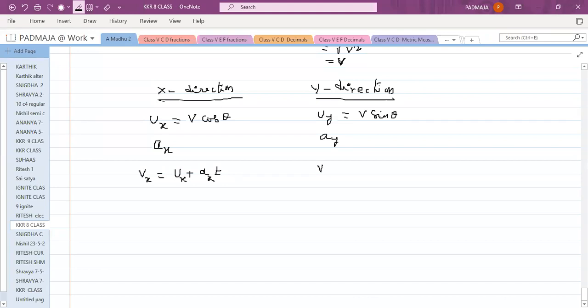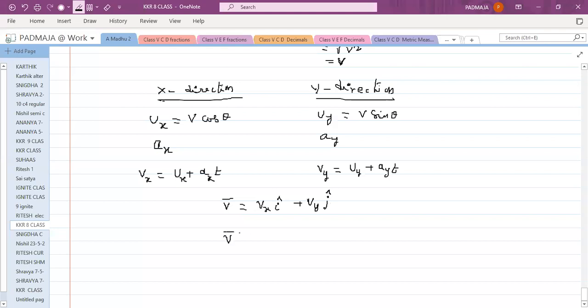In the same way, what is the velocity along y direction after some time? vy is equal to uy plus ay into t. Then you can write the velocity vector v bar after some time equal to vx i cap plus vy j cap.